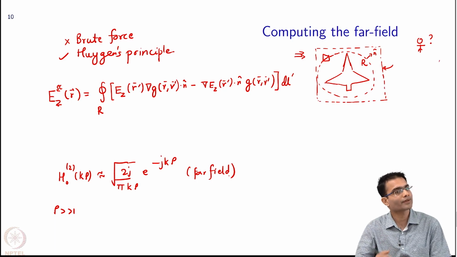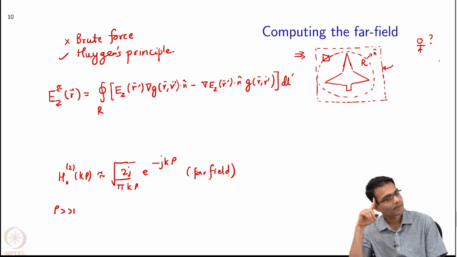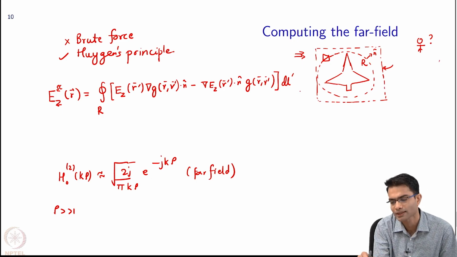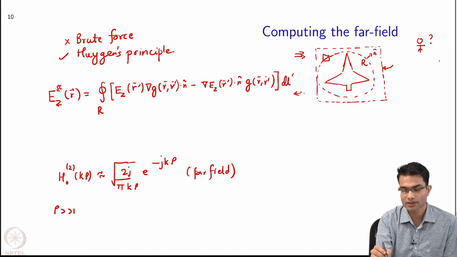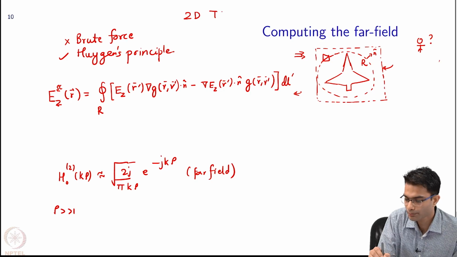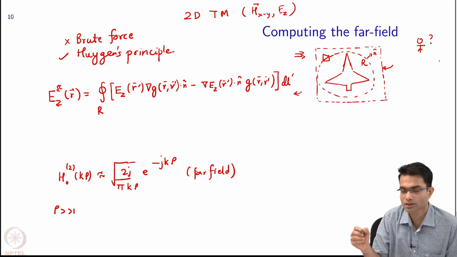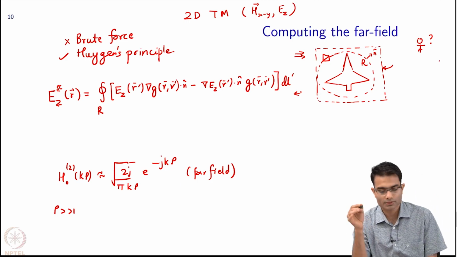Have we calculated everything? Let us go step by step. Ez at r prime, or let us start from the right hand side, let us make it simpler. Remember, this is 2D TM polarization, which means H in the xy plane and Ez.